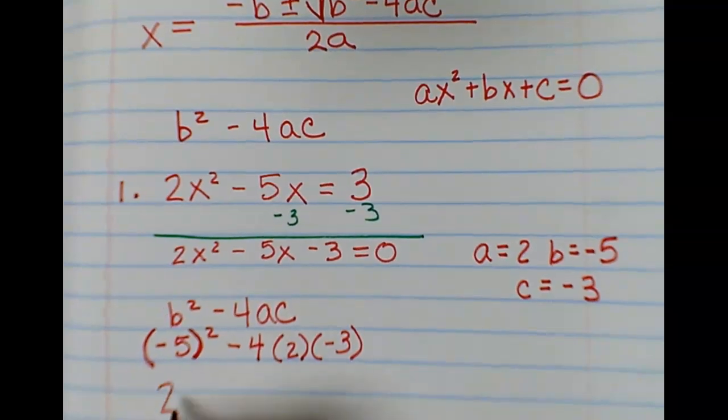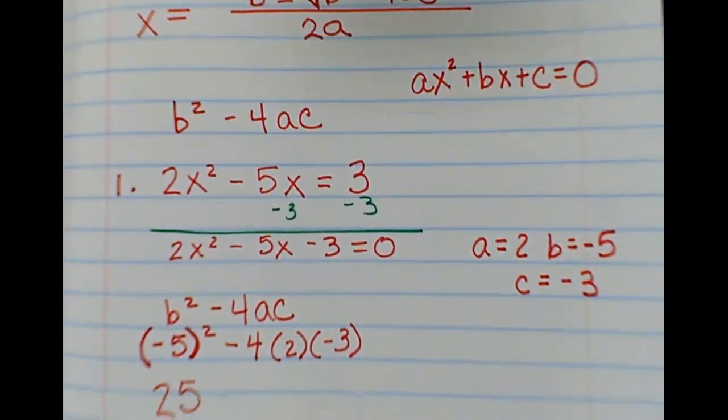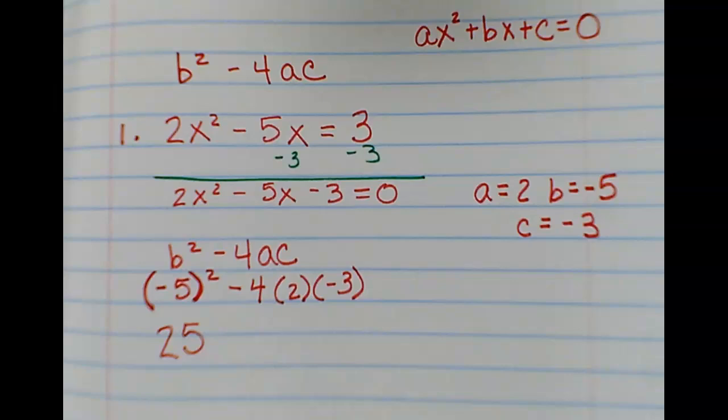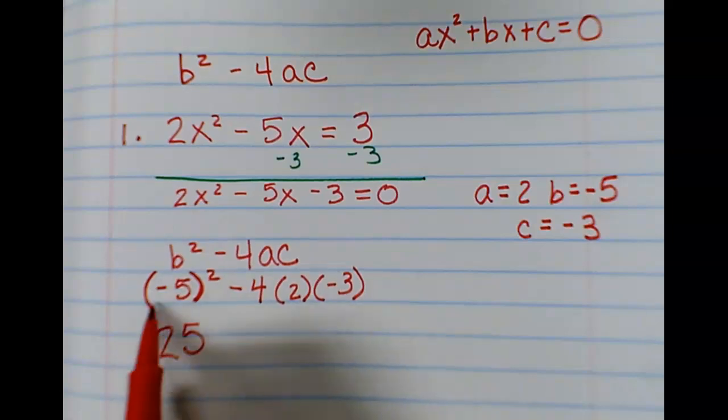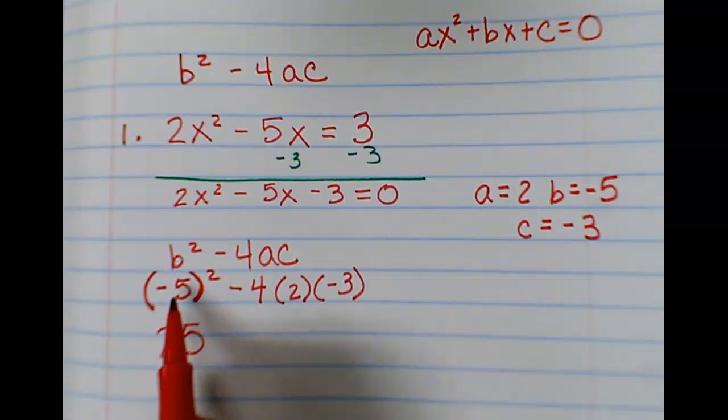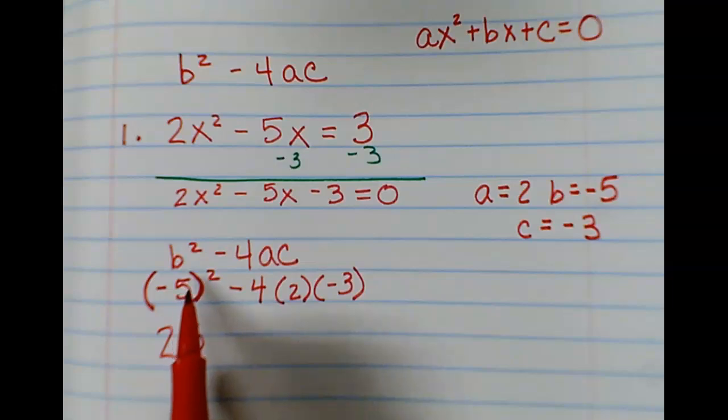This number right here must always be a positive number. A lot of times we use a calculator to figure out the discriminant because these numbers can get pretty big. And if you put that in your calculator without the parentheses, the calculator will lie to you about what your answer is, because you have not entered it correctly.